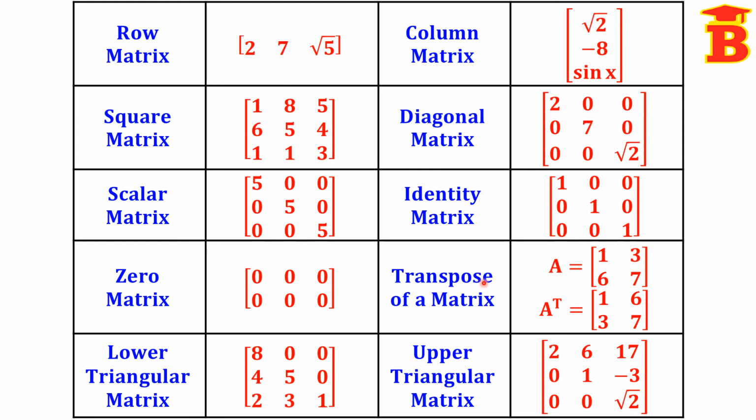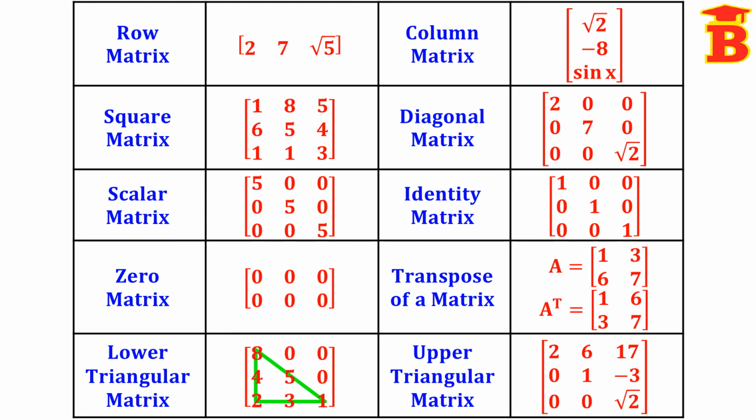Transpose means we have to interchange rows and columns. So here first row 1 3 is interchanged as first column 1 3. Second row 6 7 is in second column 6 7. So this is called transpose. Lower triangular matrix, see the word lower.